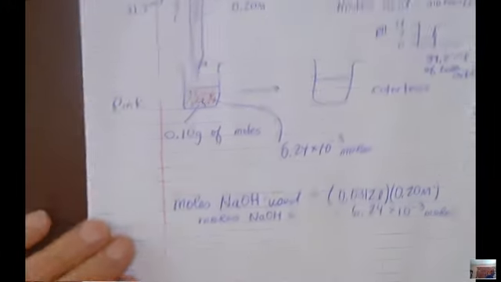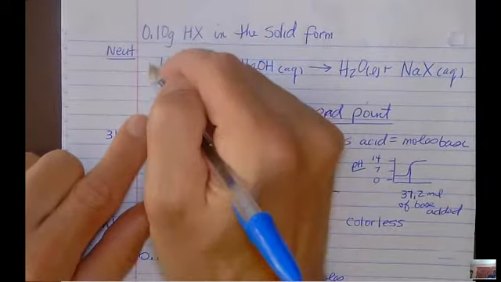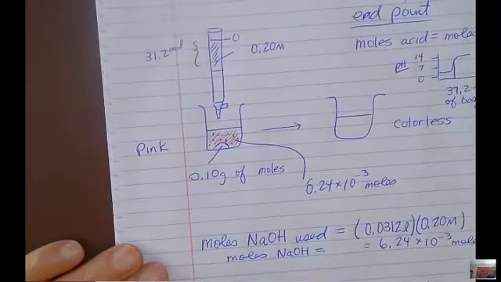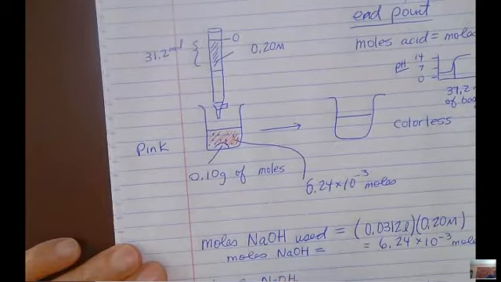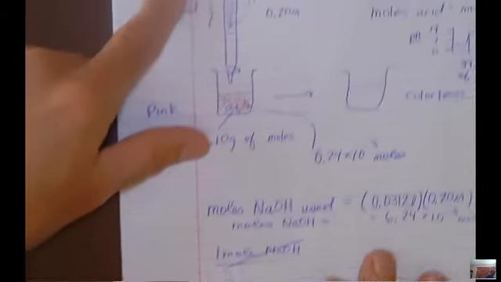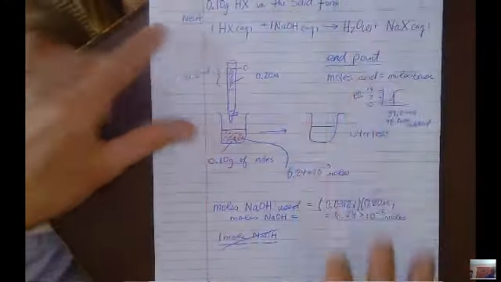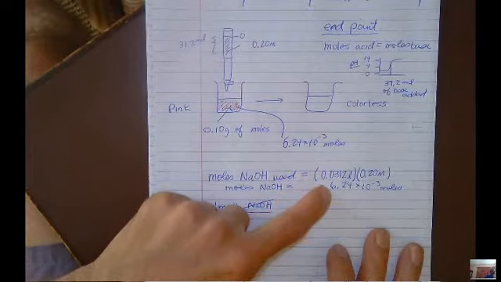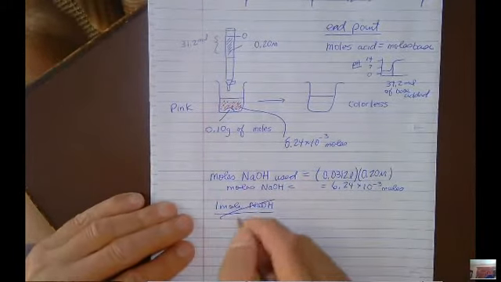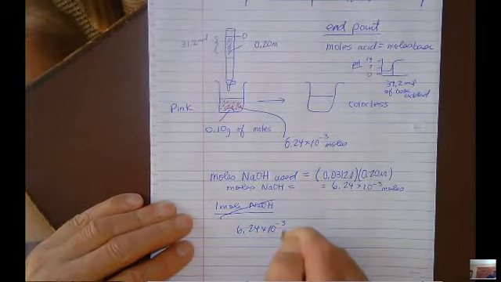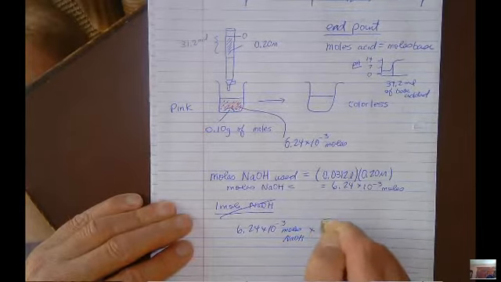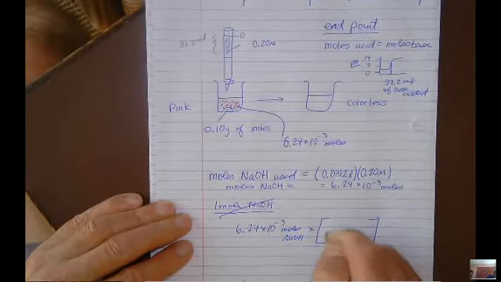Now, very important, let's look at the stoichiometry. Since this is one-to-one stoichiometry, I should have done this first. Let me start with the NaOH, sorry. 6.24 times 10 to the minus 3 moles of NaOH. Look at the balanced equation and see what the stoichiometry is.